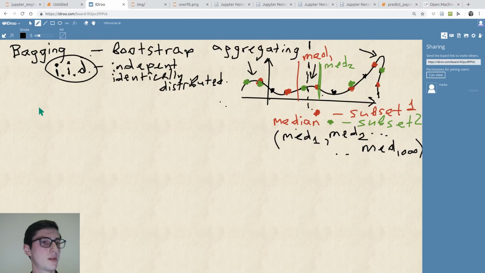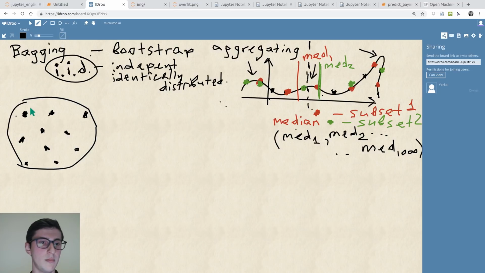So we'll take a look at a very small example. So we'll have several balls. It is going to be our initial dataset. So 1, 2, 3, 4, 5, 6, 7, 8, 9, 10.